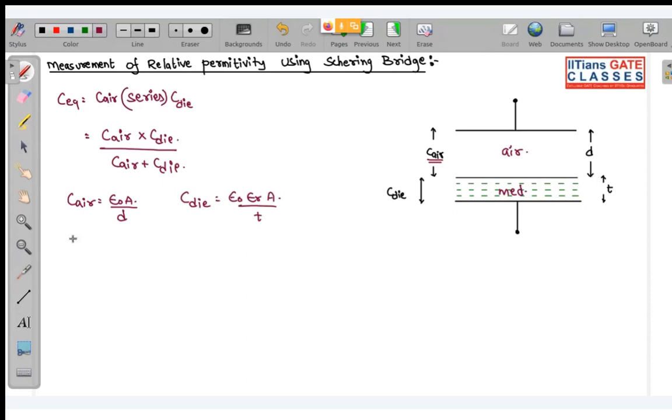Okay, fine. So next, once again, let us put this. C equivalent is equal to epsilon naught. See, area of the plates is the same for these two.